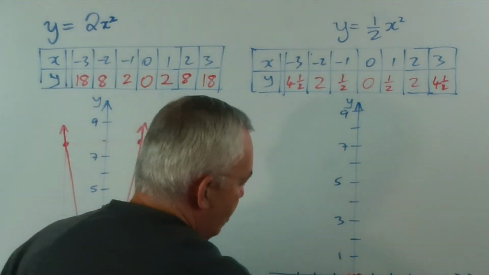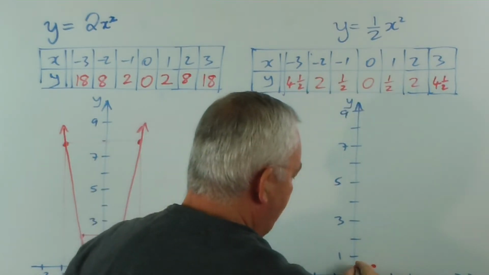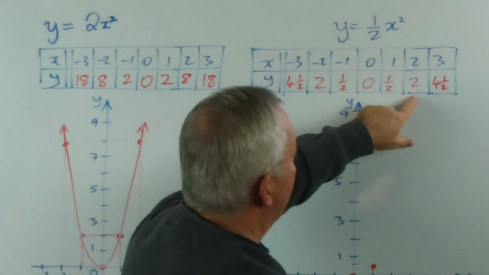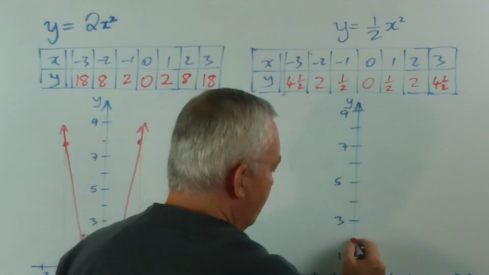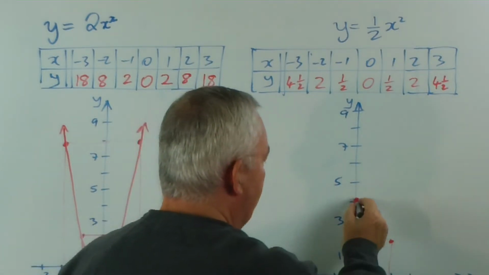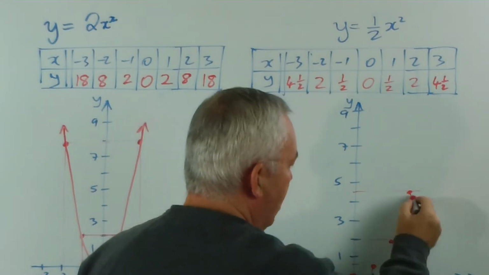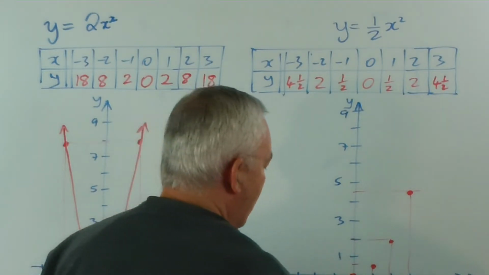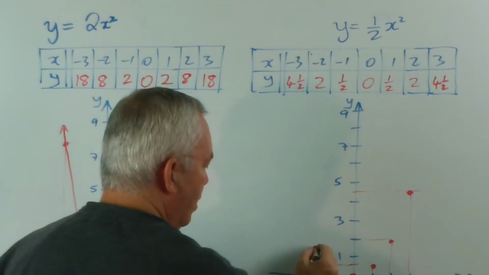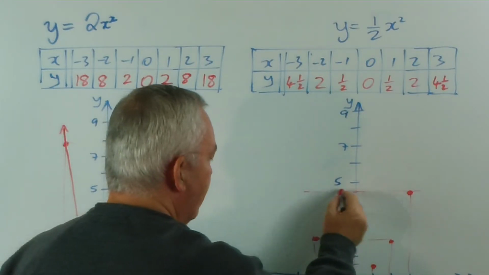And if we plot these, 0, 0, 1 and a half, that's not quite as high as we thought it might have been, 2, 2, and 3 and 4, and 4 and a half would be there. So it goes across to 3 and up to 4 and a half. So here we go back and up a half. This one will be as high as 2, and this one will be level with 4 and a half back here.